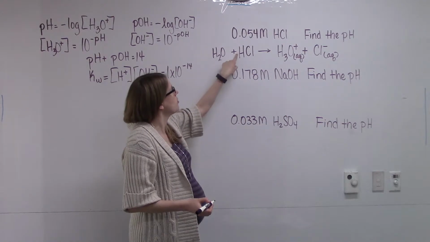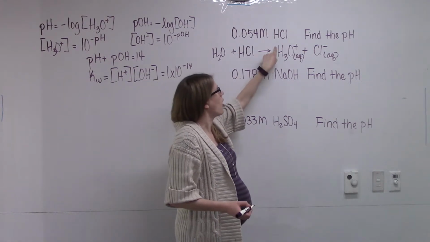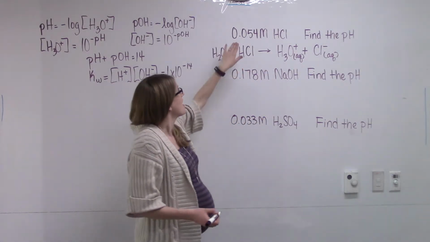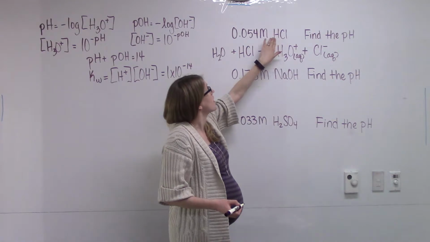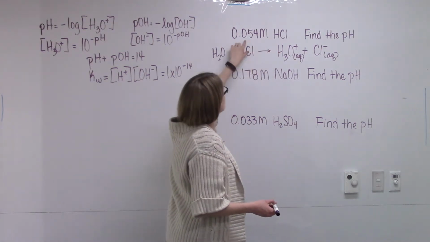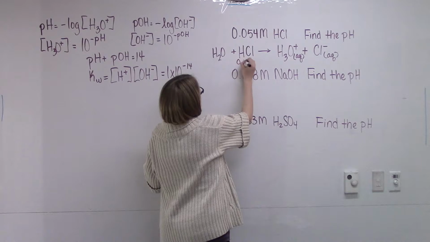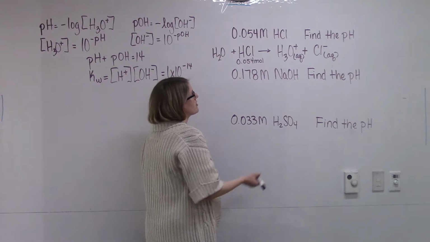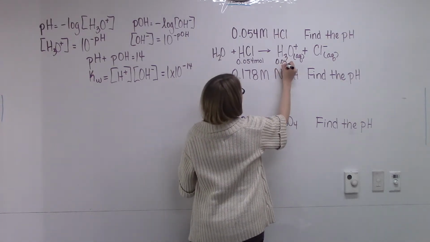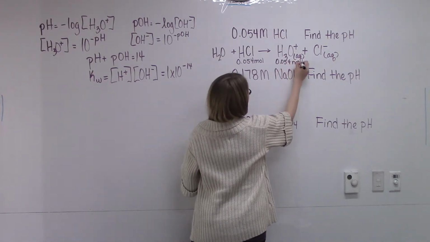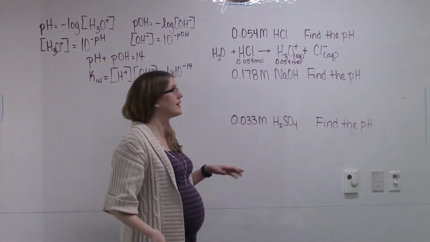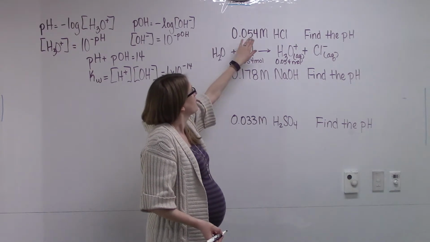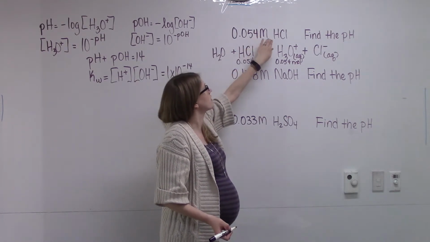For every 1 mole of this, we have 1 mole of this. So because of that, if this is the concentration of HCl, because concentration is moles per liter, if we have a liter of it, we're going to have 0.054 moles of this. So typically, you can see that this is also the concentration of H+.